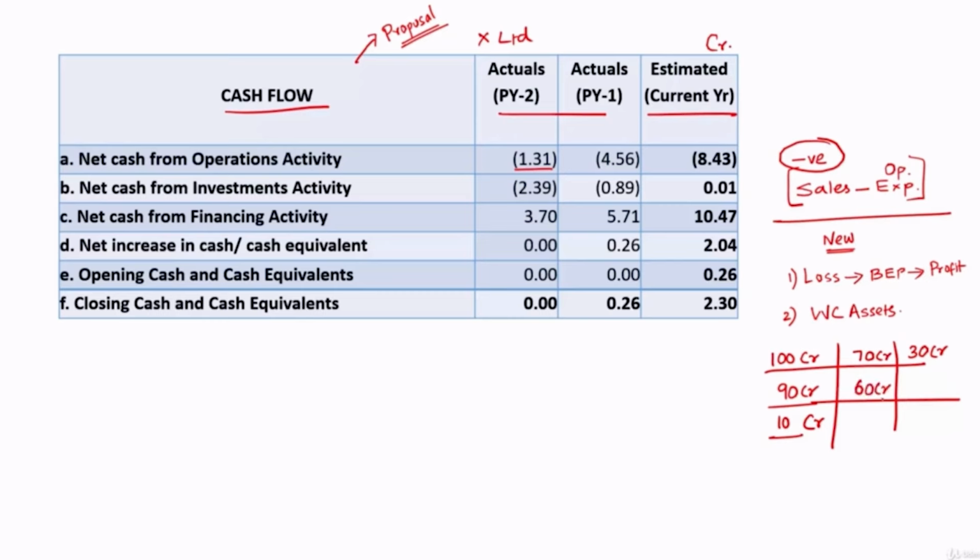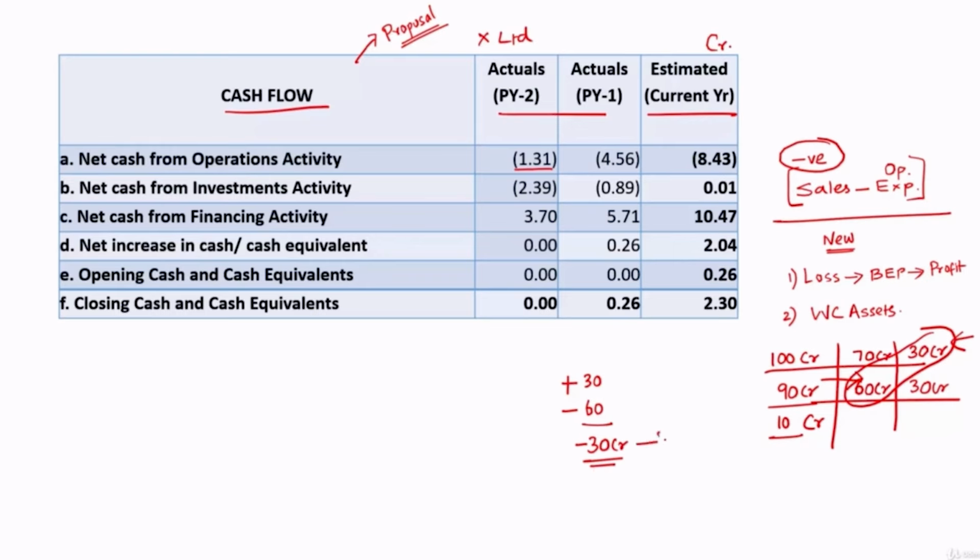It means what is yet to be paid is only the balance 30 crore. But you have to see these two. This is the cash which had come in, and this is the cash which had gone out. So the cash that came in was 30 crore. The cash that went out was 60 crore. So from operations, they have actually ended up paying 30 crore without generating any money.